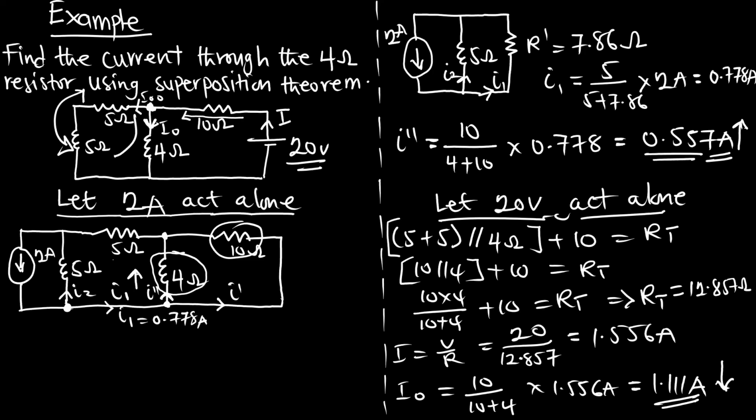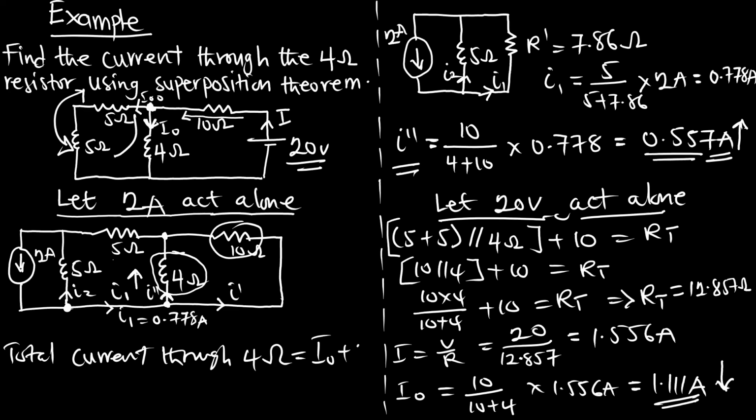Now the total current through the 4 ohm is going to be, I'll consider the I naught to be positive. So we know I naught plus the one from the current source, I prime prime.